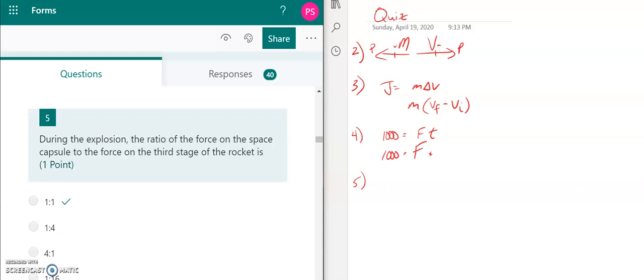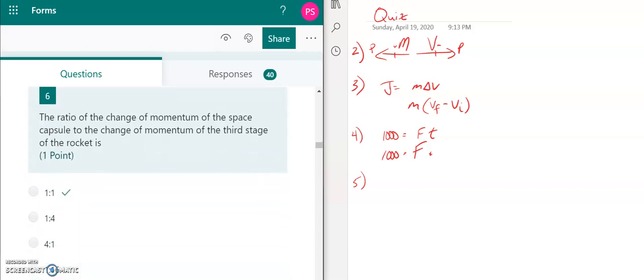They're moving along, the explosion happens, and the impulse is going to be the same forward and backwards. Since the explosion happened over the same amount of time, whether you're the capsule going forward or the 3rd stage piece going backwards, the time it takes to explode is the same for both, therefore they have to have the same force. Now, that was a really tricky question. That's part of the reason that we took this quiz out of 20 in the gradebook instead of 25, because number 5 was a really tough question.